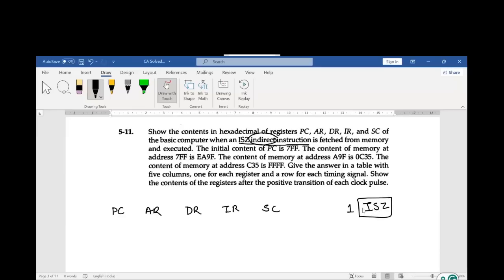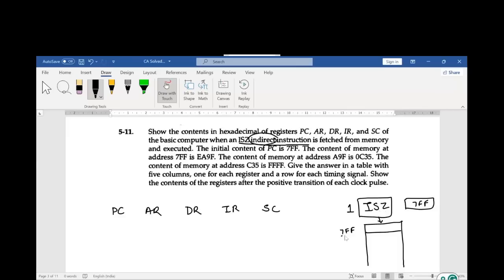Let's read further. The initial content of PC is 7FF. So if I say this is my memory, this is the content of PC, 7FF. This 7FF would be pointing to this ISZ instruction because you have to execute this instruction.